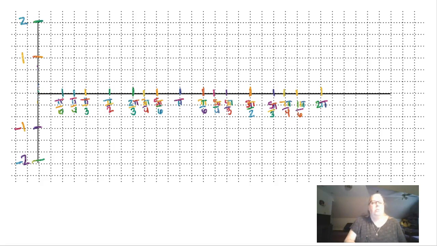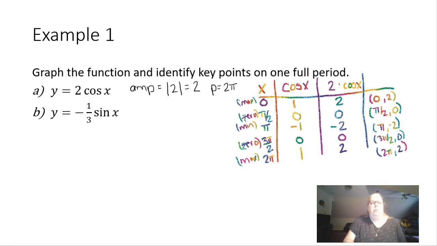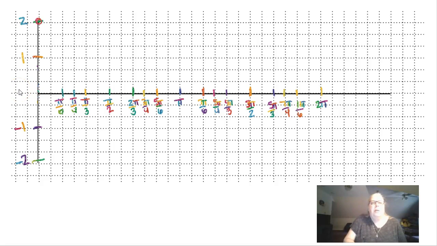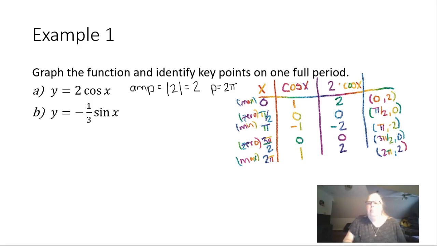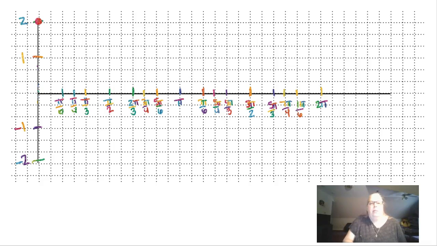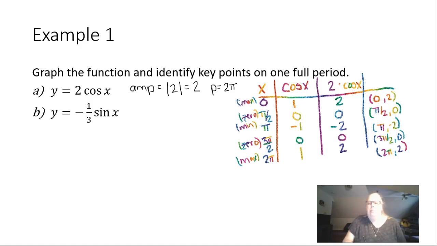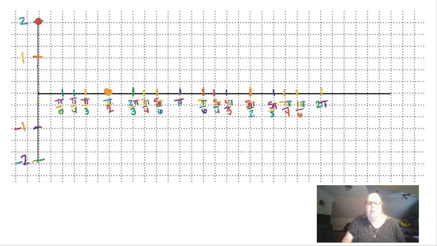All right, our points were 0 and 2. That's going to be up here. And pi over 2 and 0. That's going to be right here. And pi and negative 2. That's going to be down here.